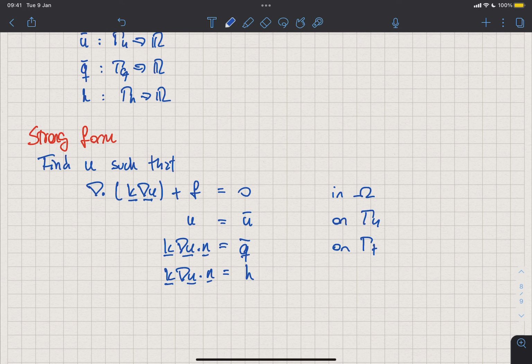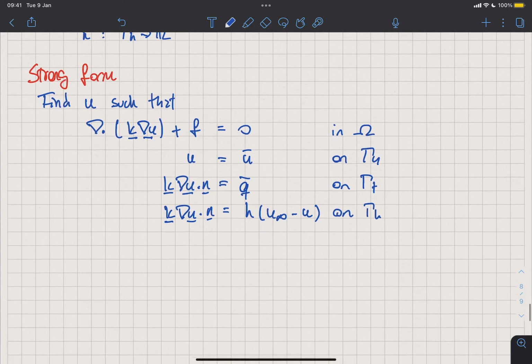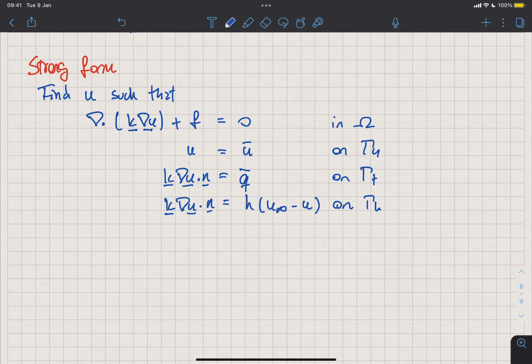You could also have that as a tensor, but to make things simpler, let's just keep it as a scalar. In other words, you could say that your film coefficient is going to change depending on the directions. In this case, we assume that it's basically constant throughout on gamma H.